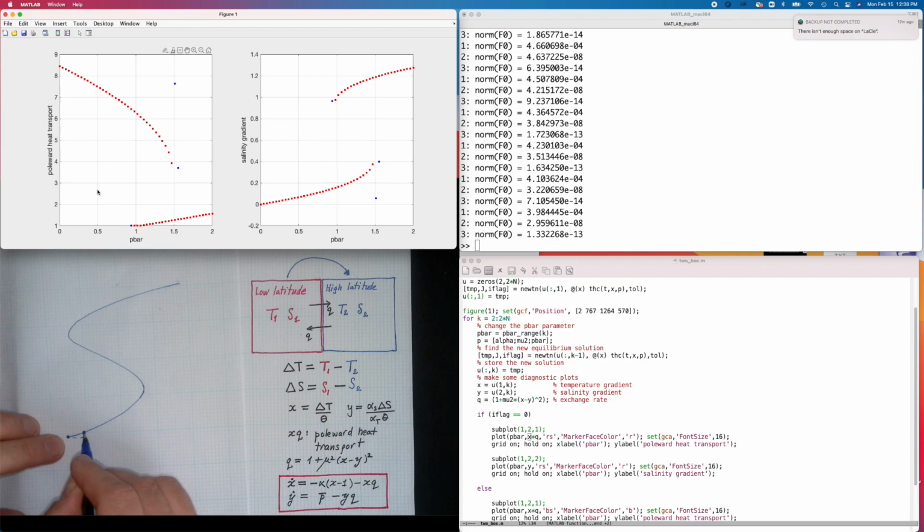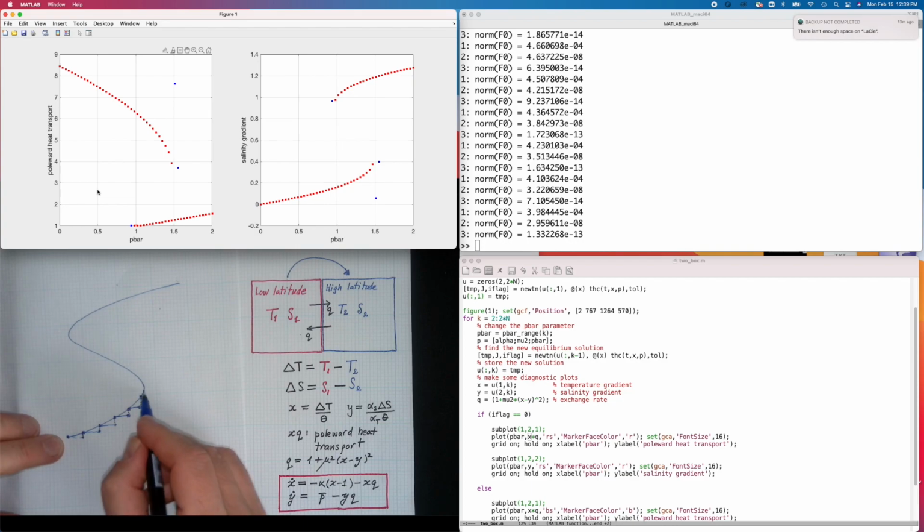And then we would use this as the initial guess, increase p bar, use this as the initial guess, and then iterate using Newton's method. And we kept on doing this. This is the initial guess, the last solution. Use Newton's method, converge back onto the branch. Use the previous solution as the initial guess, Newton's method, converge onto the branch.